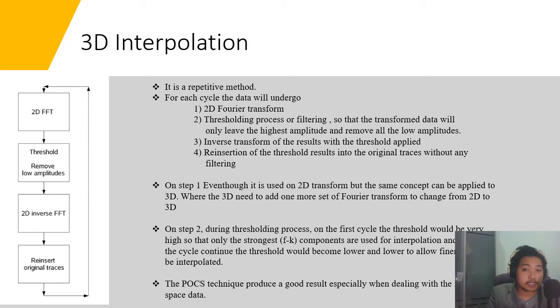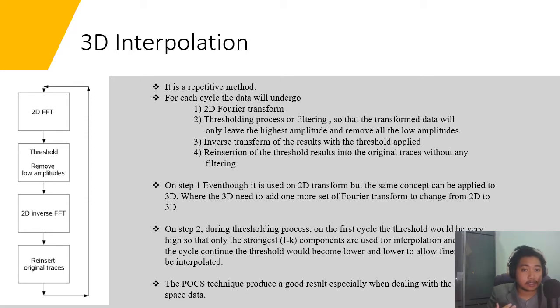For each cycle, first the data will undergo the 2D Fourier transform, and then the process of thresholding or filtering, so that the transformed data will only keep the highest amplitudes and filter out all the low amplitudes.